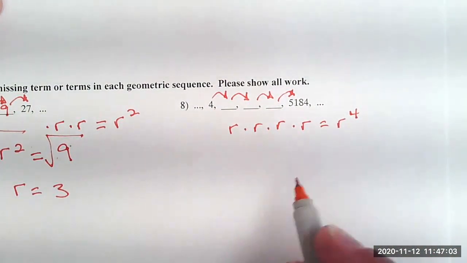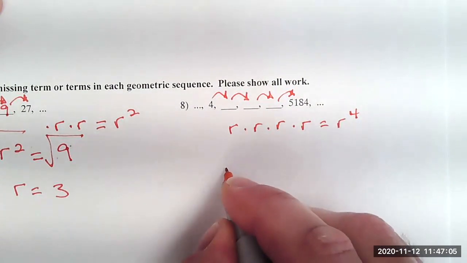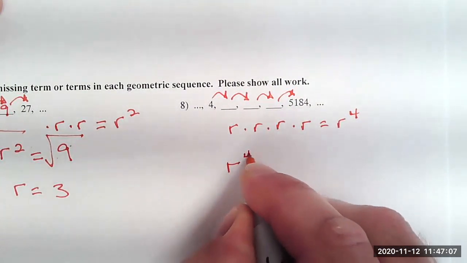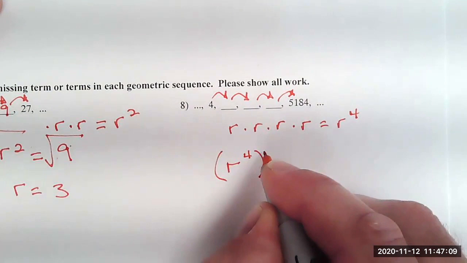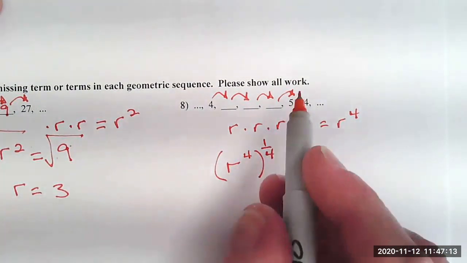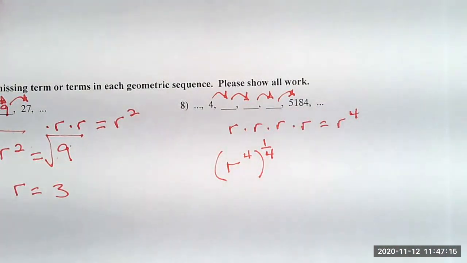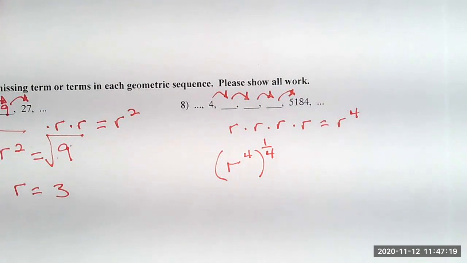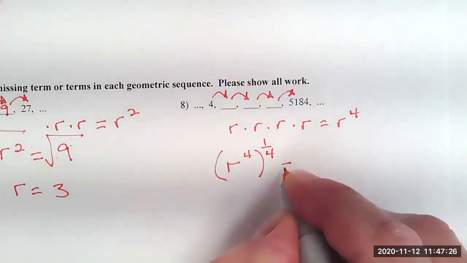To undo a power of 4, I have to find the 4th root. The ratio of 5184 divided by 4 is 1296.